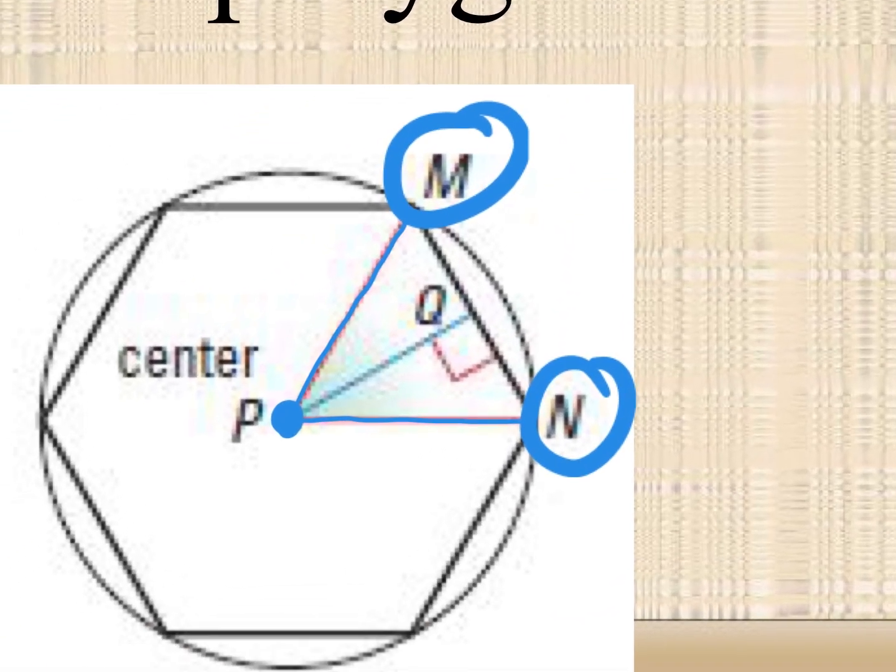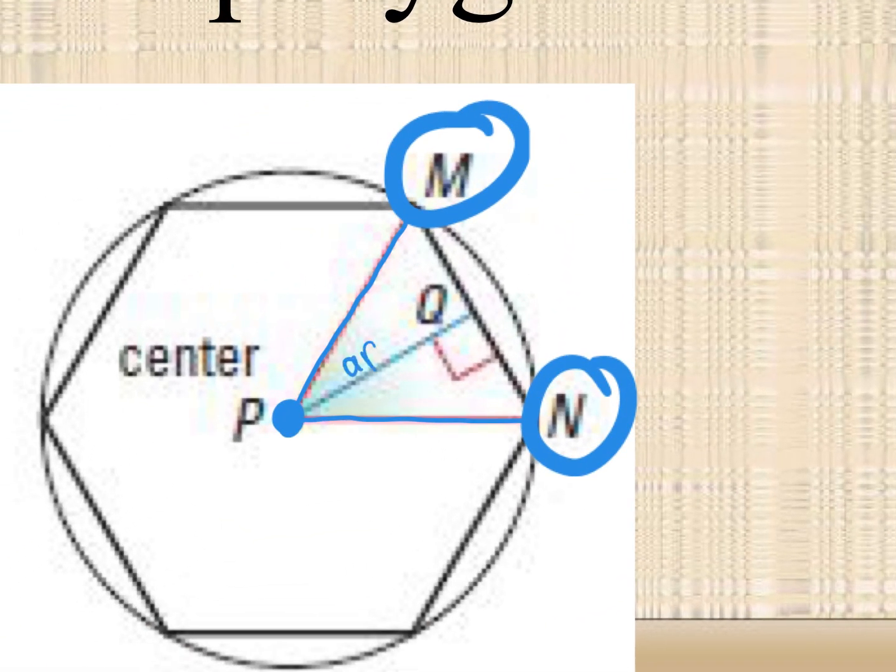PQ. PQ, and list this, is our apothem. Okay? We have not seen that apothem before. Yes? So is the apothem like the radius? The apothem is not like the radius.